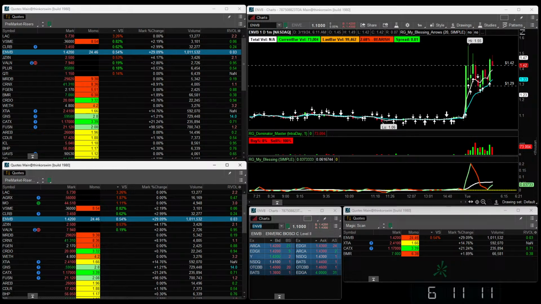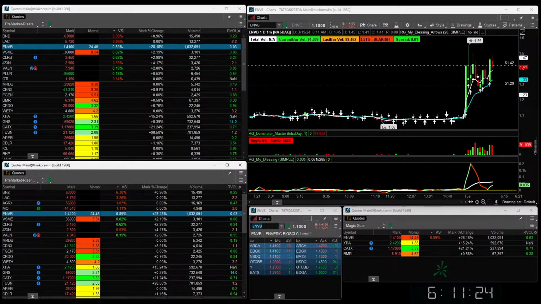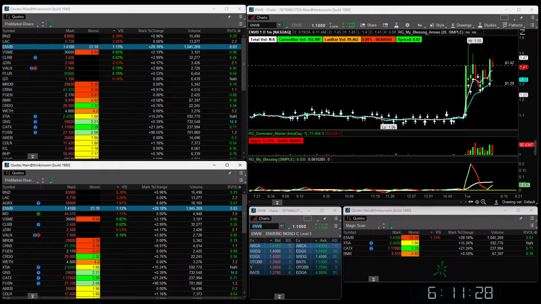Looking very weak. Retest of $1.42. That's probably $1.40 where the retest is. I could be off a couple of pennies. Holding that support level.